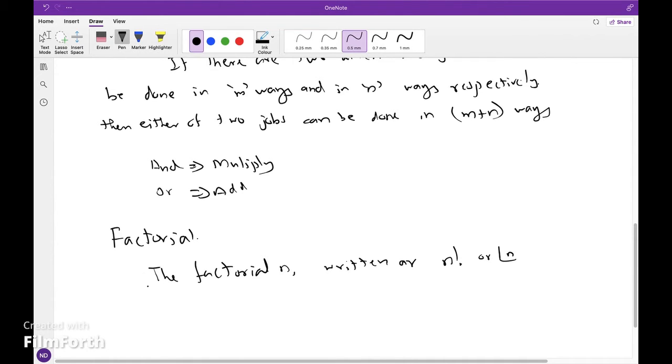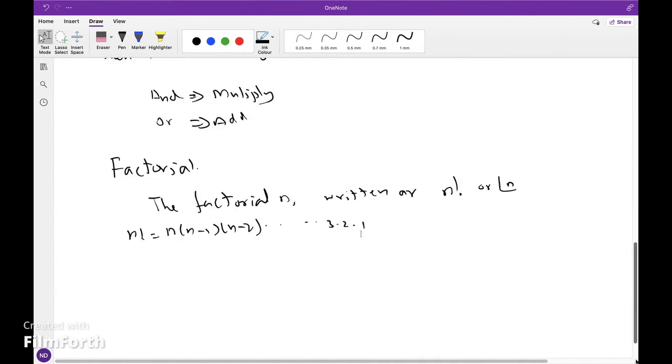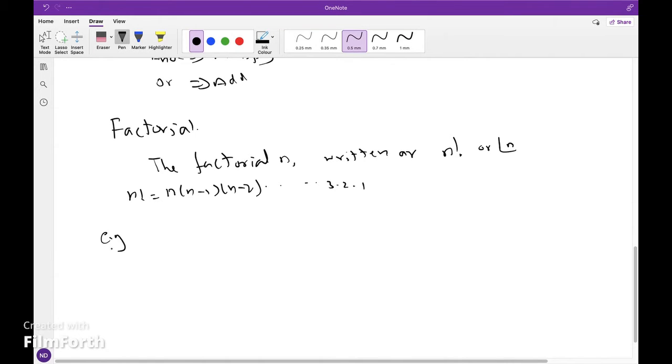So n factorial is equal to n, n minus 1, n minus 2, and so on, down to 3, 2, 1. Example: 3 factorial is 3 into 2 into 1. And 0 factorial is equal to 1.